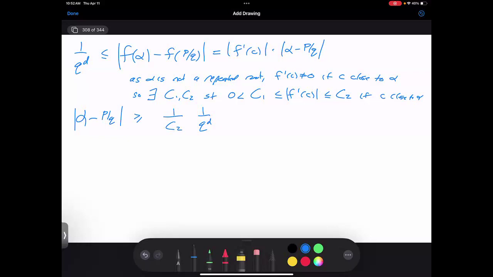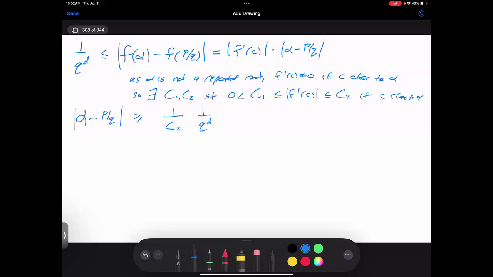So what this is telling me is if I give you a rational approximation to alpha that's pretty close, I can't be closer than a multiple of 1 over q to the d. And that's a fixed multiple. And so as my denominator gets larger and larger, I can't be that close.